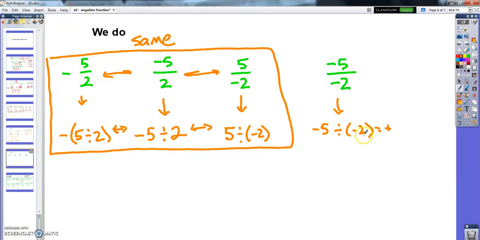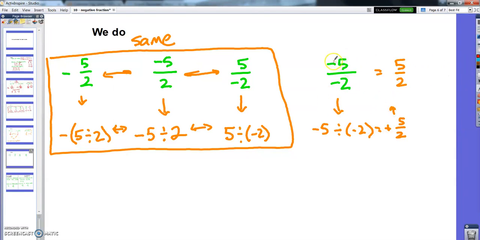And 5 divided by 2 is 2.5 or 5/2. So really this becomes equal to the positive version of the same number. Negative 5 divided by negative 2 is the same as positive 5/2, which is weird, but I think when you look at it this way through some steps, you kind of know.